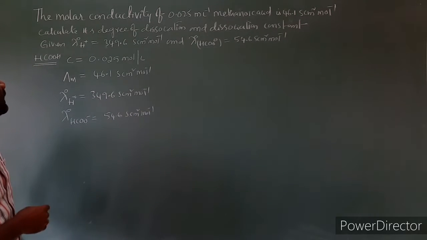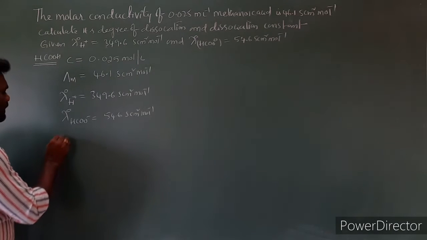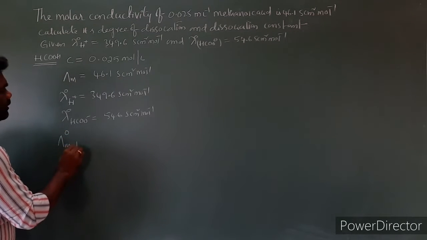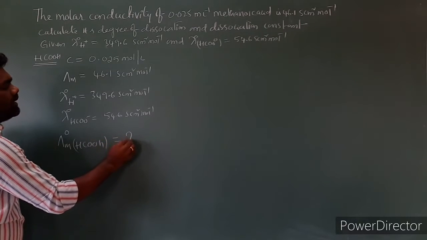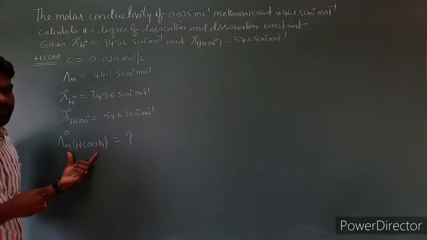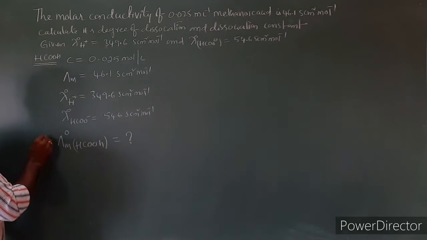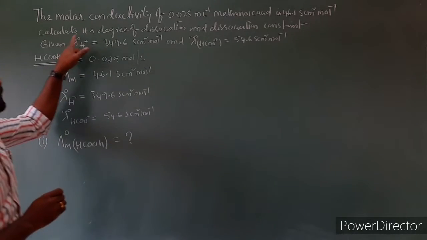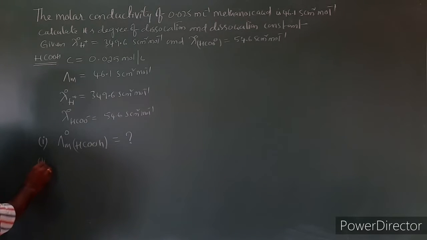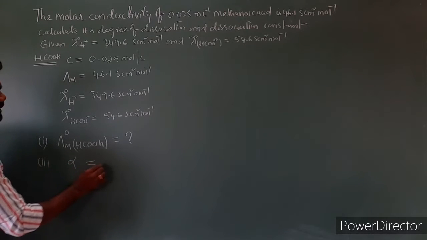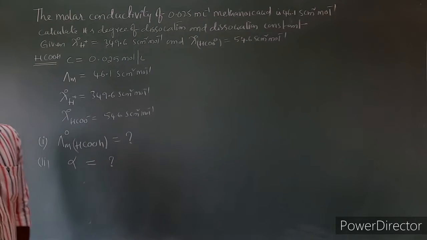Next, what we have to calculate is, first, lambda m naught of methanoic acid, HCOOH. This is the first question. Second question is to calculate the degree of dissociation, alpha.